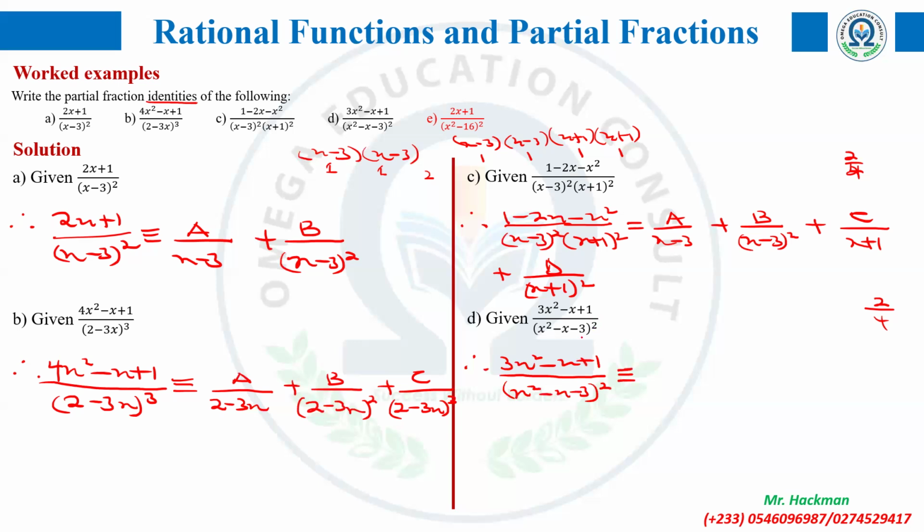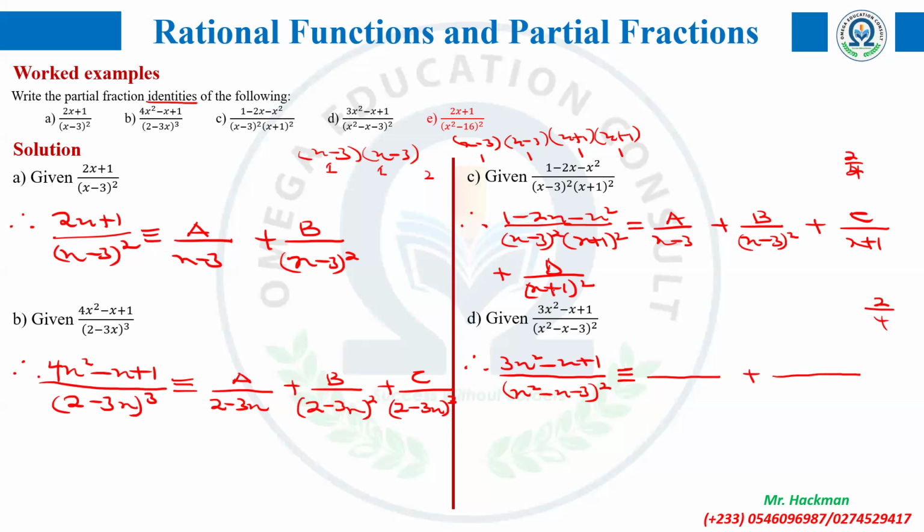So once it's 2, then it means it is repeated how many times? 2 times. So remember we said we will use the power here to determine the number of fractions. So it means the maximum number of fractions that we can get will be 2. Is that not it? So you get your first fraction, then plus your second fraction. All correct.